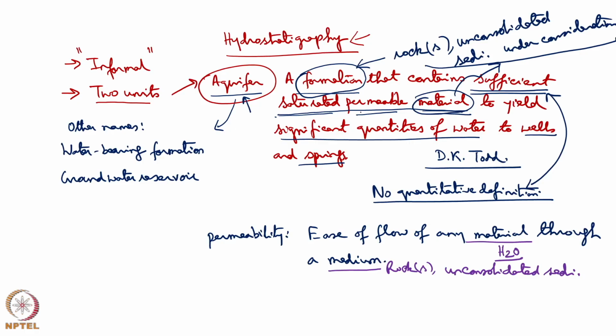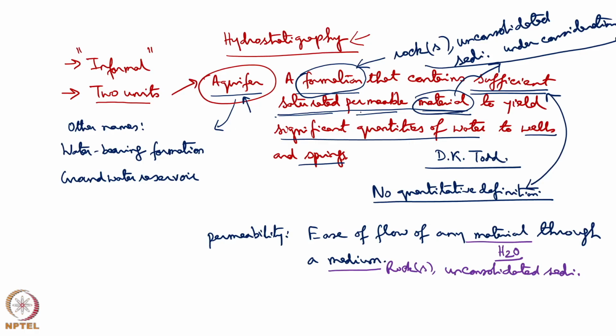A highly permeable material means water can flow easily through it. Low permeable material means it is difficult for water to flow through that rock or unconsolidated sediment. Zero permeability of the rock is possible if a rock has no interconnected pore space, and if it is unfractured, then the rock has practically zero permeability.